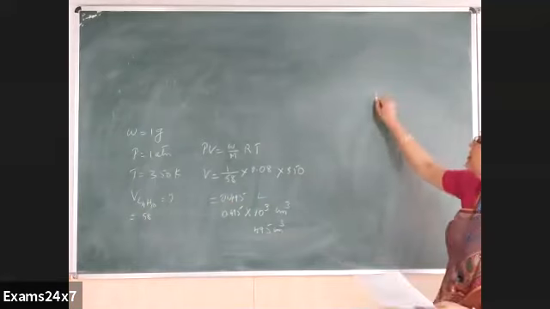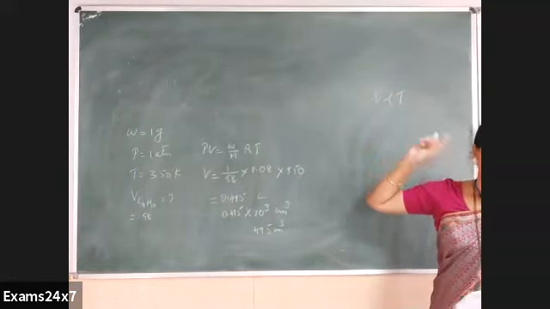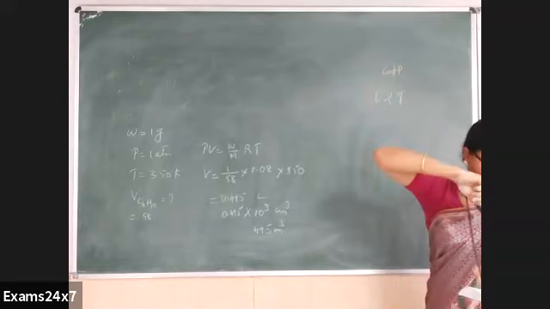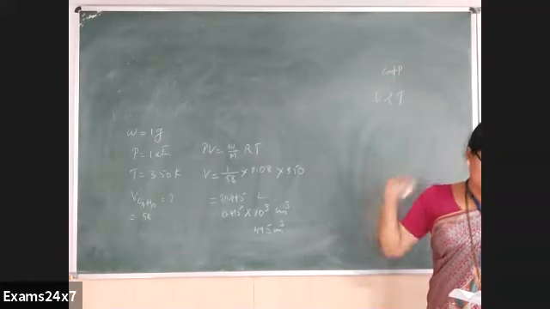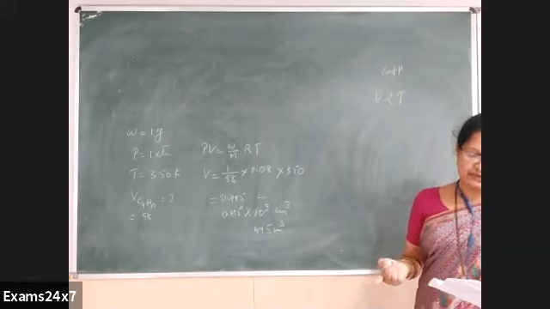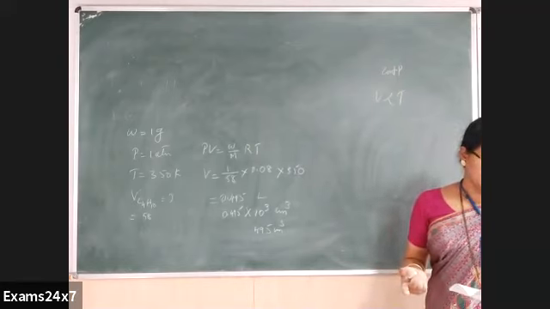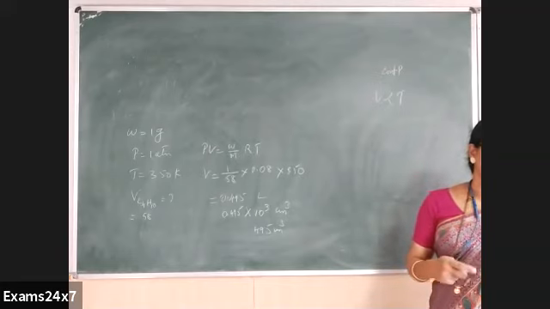At constant pressure, V is proportional to T. Charles' law, right? This question is based on Charles' law. They've kept constant pressure. How to solve it?